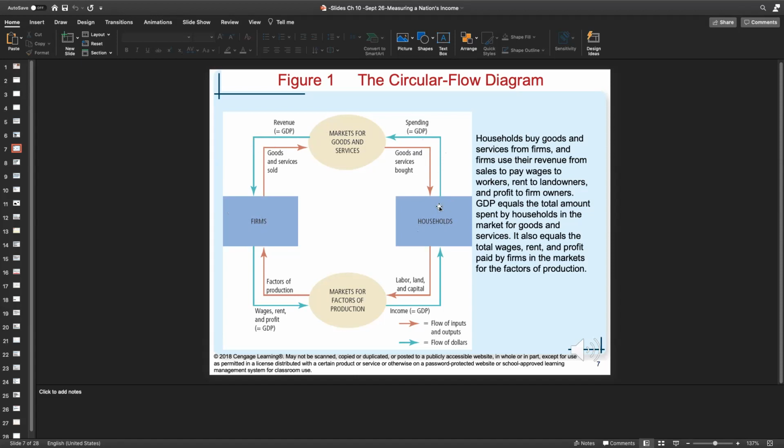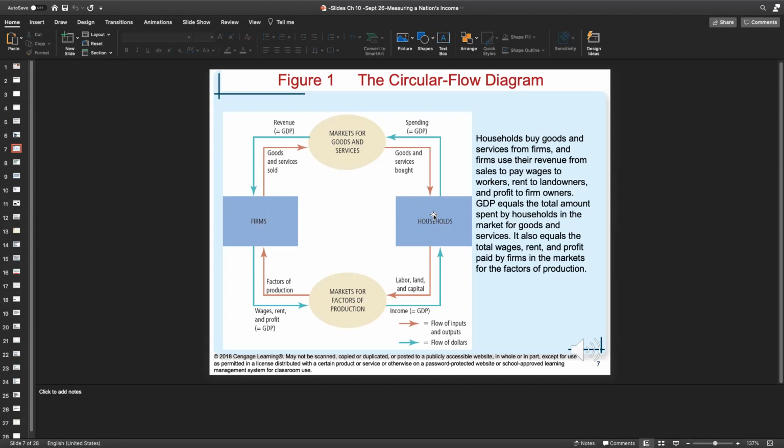The firms, in return, are selling the goods and services in the market, and the households receive and consume them.